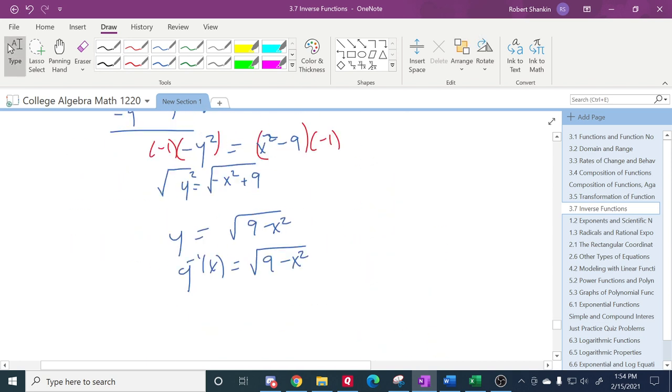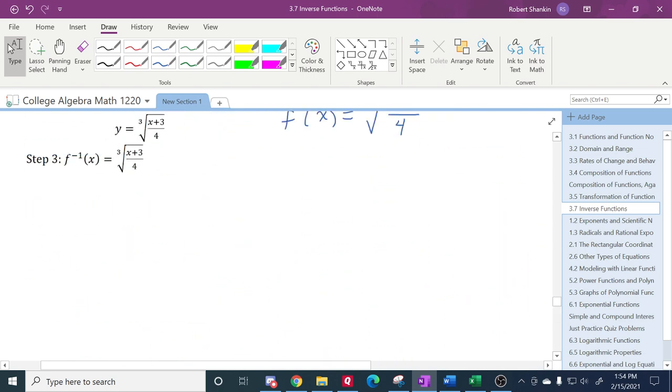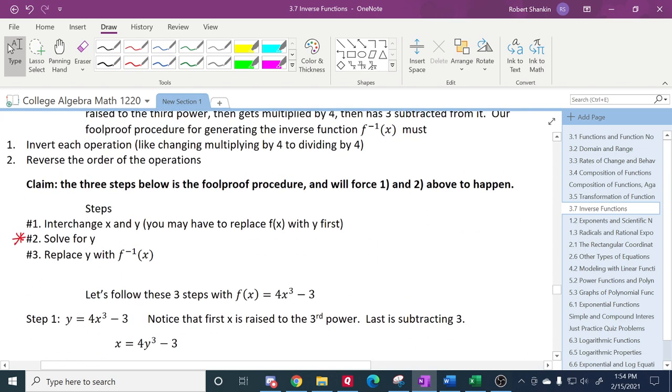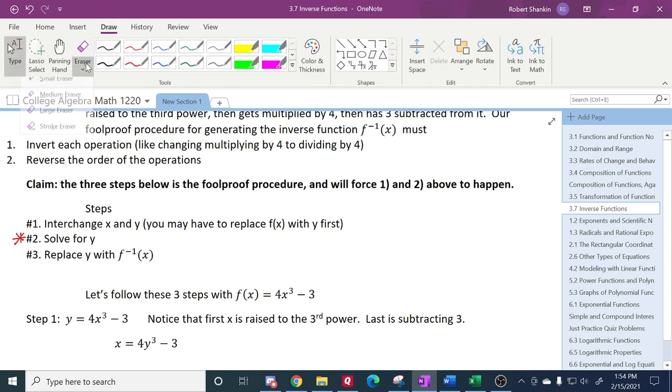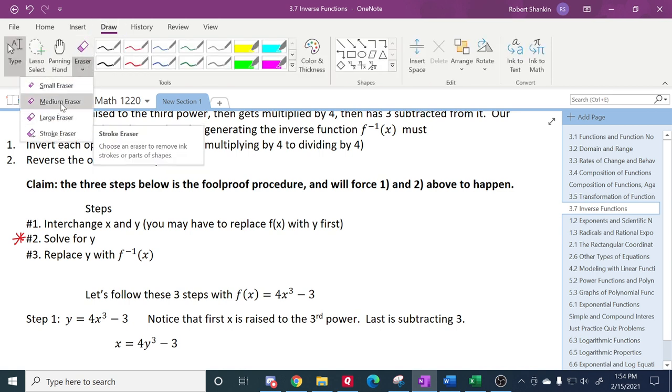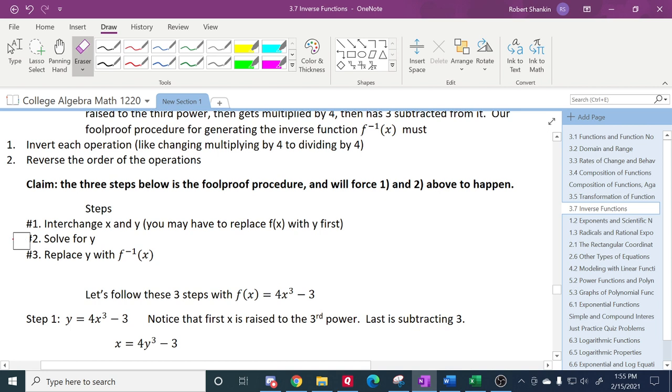Now, let's go back and look. When we were coming up with a foolproof procedure, computationally, this thing got starred because that's where all the work was happening. Solve for y. But another perspective is this.